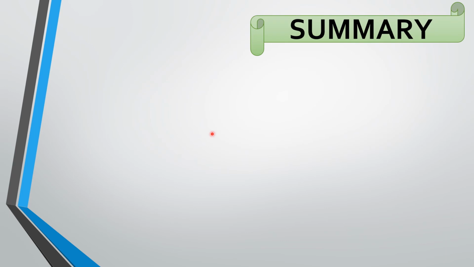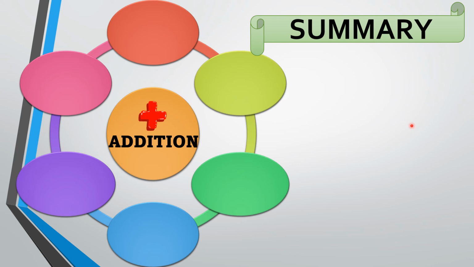So I will summarize what we have learned in this topic, which is recognized addition. We already learned important words that we must remember for addition, and you must know the symbol. This is the symbol.